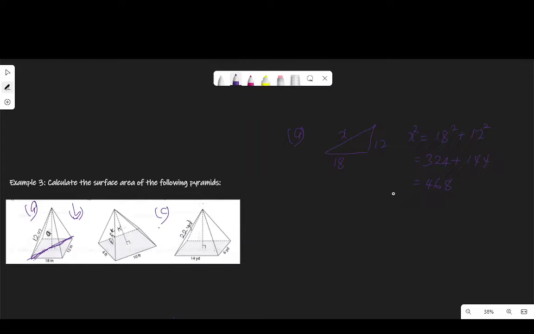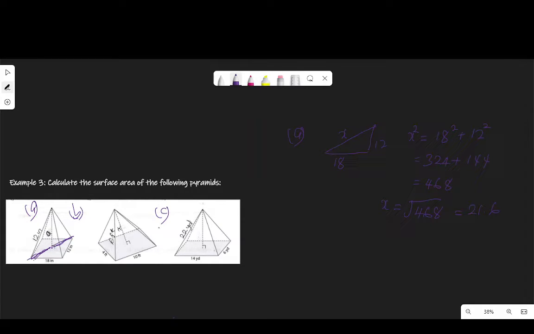Therefore X is the square root of 468, which is approximately 21.6. So the length of this line is 21.6.